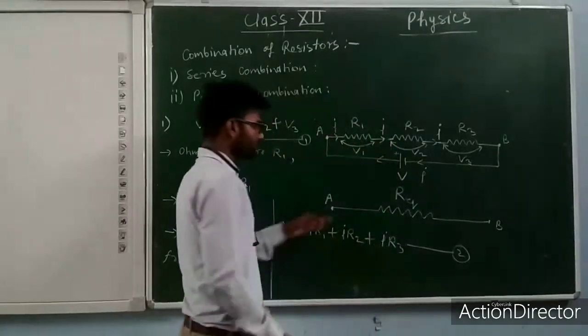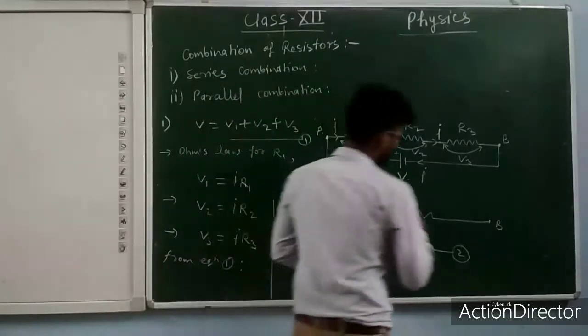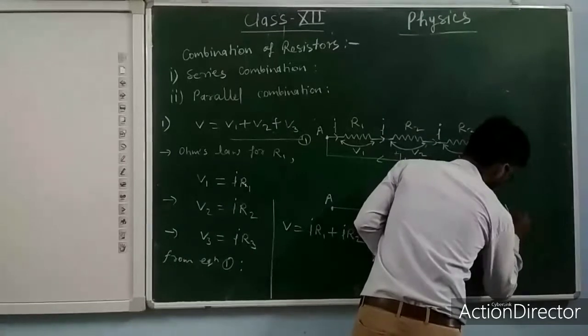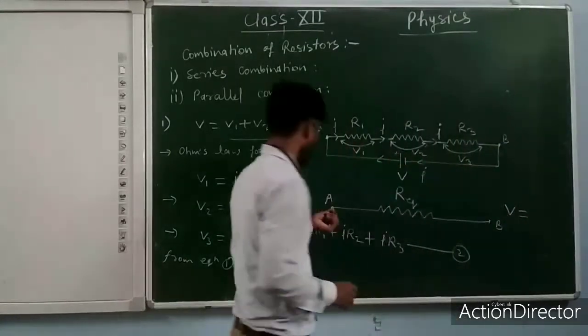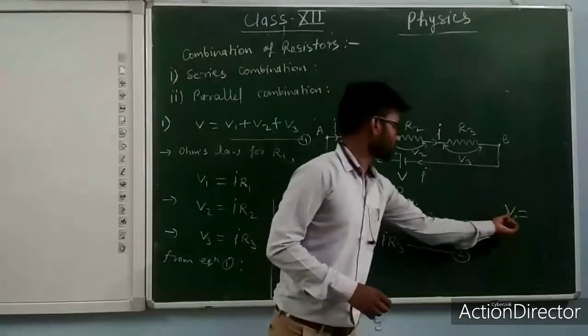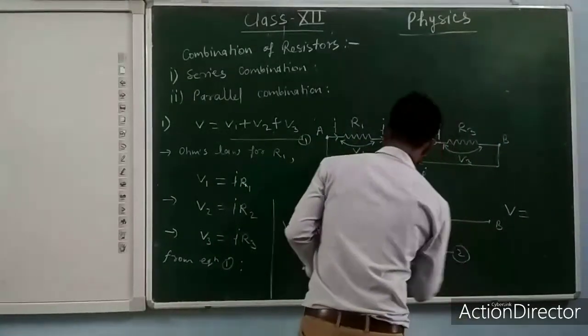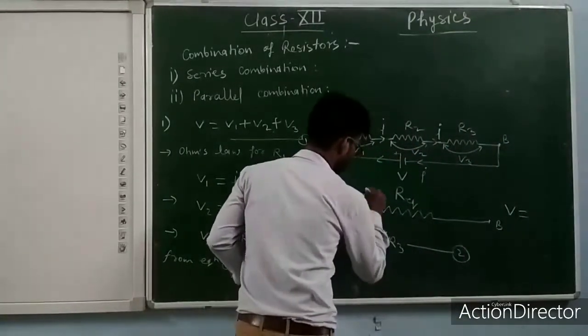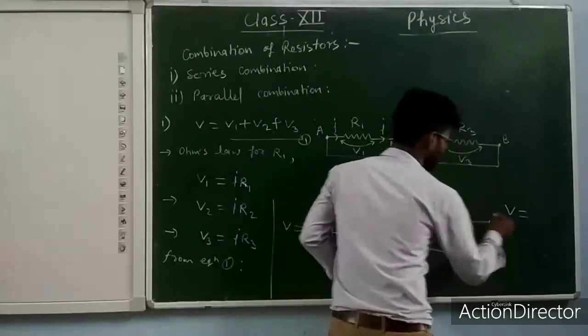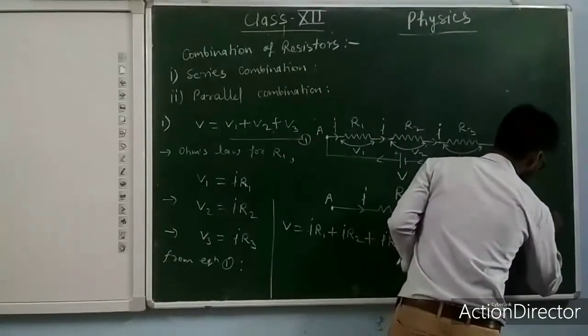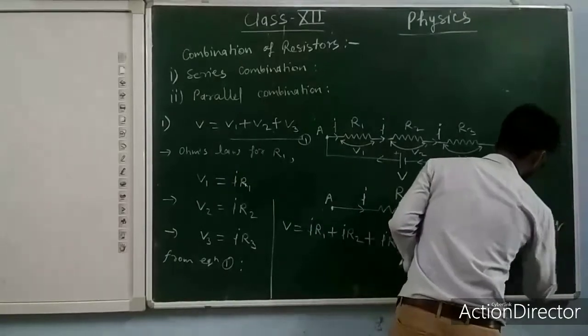So we can apply Ohm's law for this equivalent resistor. There will be the voltage across the points A and B, that is equal to V, and V is equal to the current flowing through this resistor, that is I. So V equal to I multiplied by R equivalent, right?